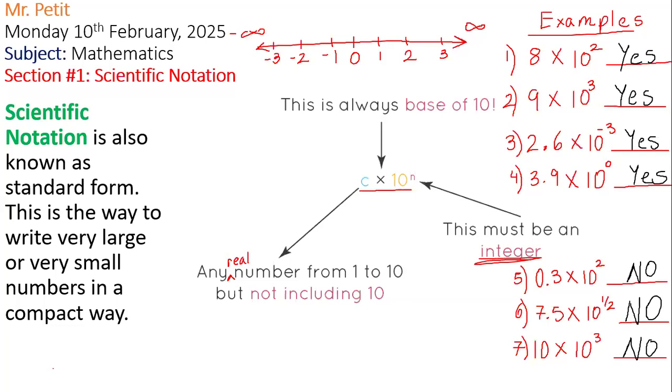Kevin Wallace, you need to take a picture of your work and send it to me via WhatsApp. Do that for me right now.